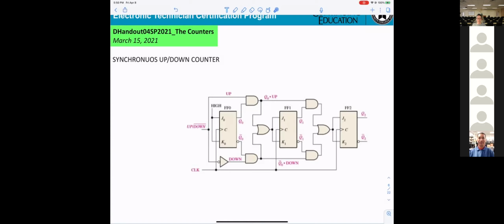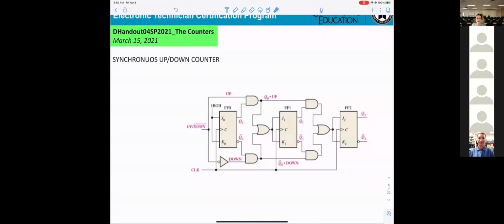Yep, exactly, 0 to 7. The reason is you only have 3 flip-flops, so basically the number of states will be 8.